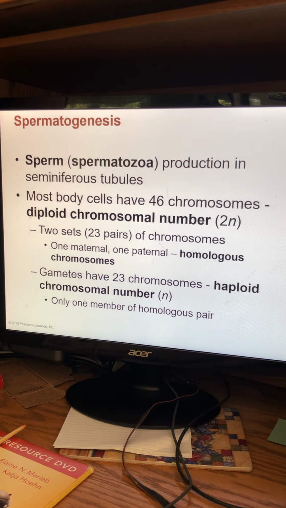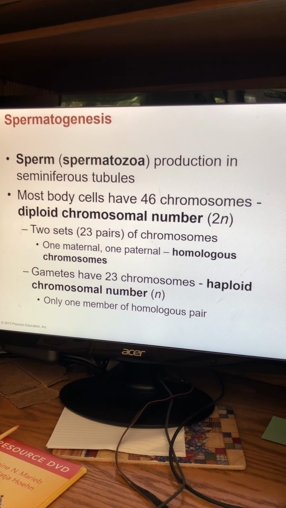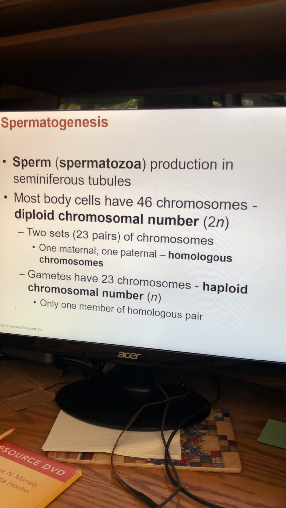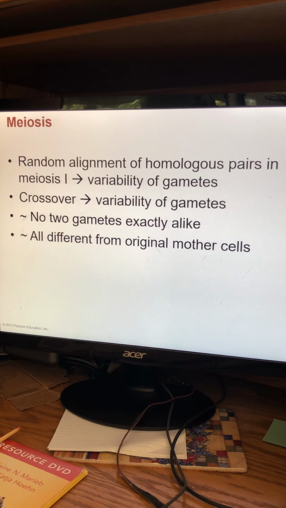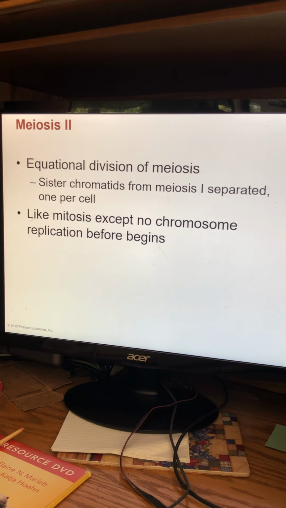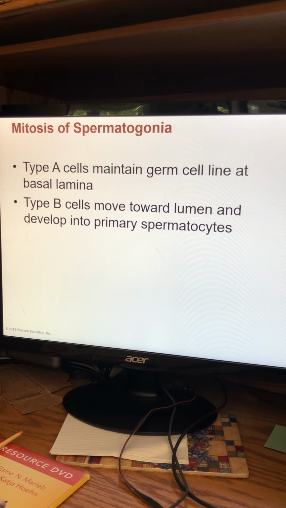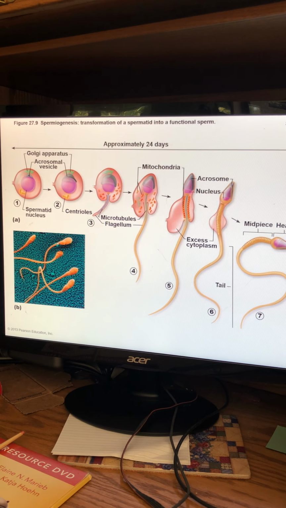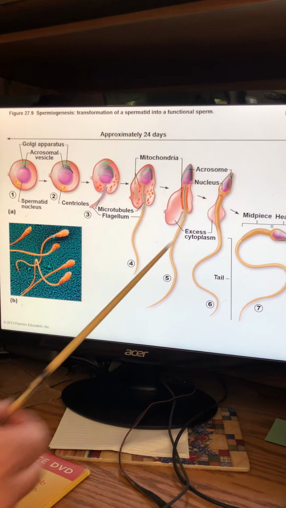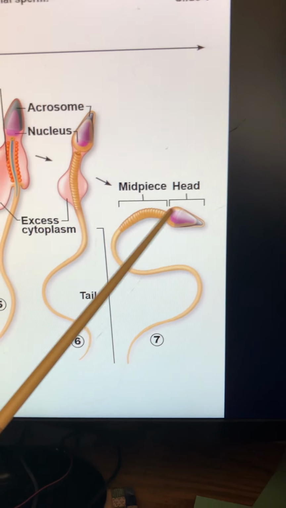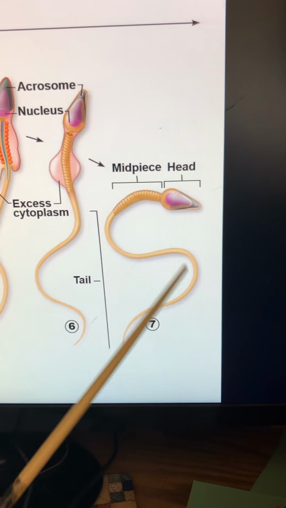Sperm is going to be produced, as I mentioned before, by the seminiferous tubules, and this is a whole bunch of stuff that you'll probably get in the lecture portion. Let me just get to the sperm here. Let's get a good picture here, okay. So the sperm is this guy here. It has a head, it has a mid-piece, and it has a tail.